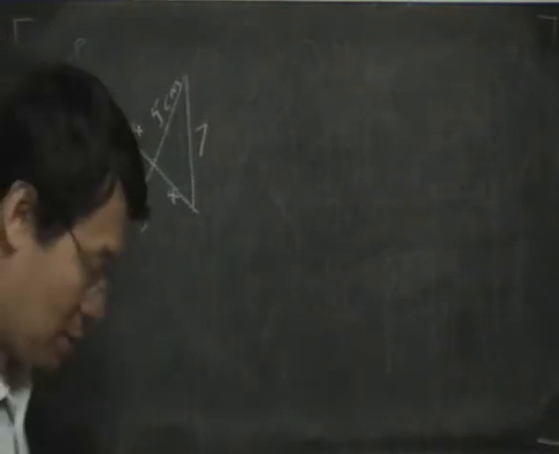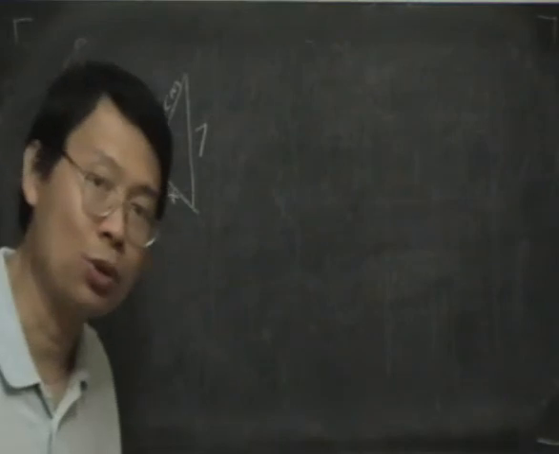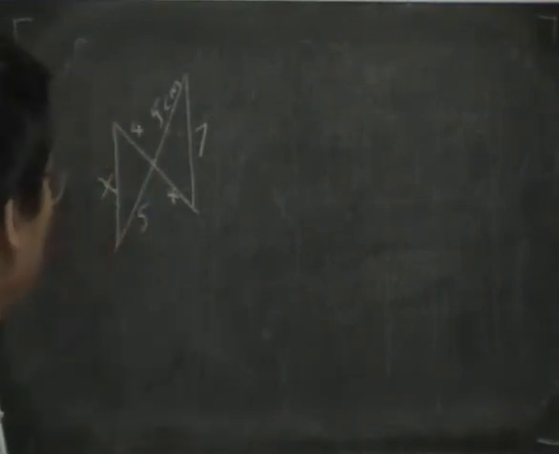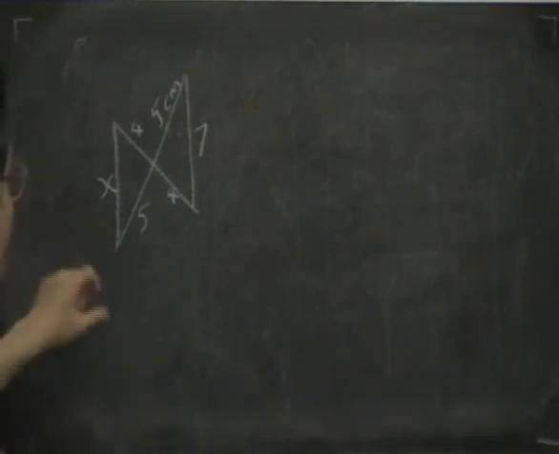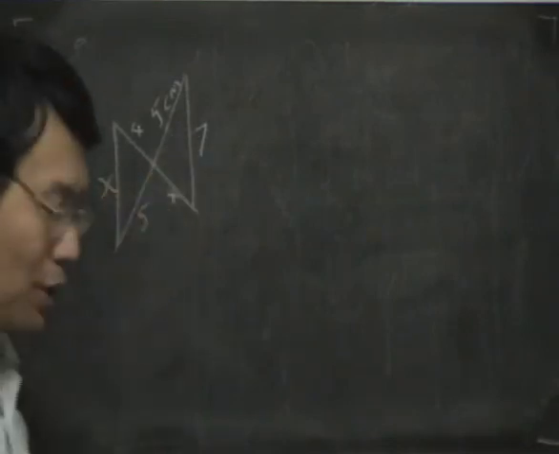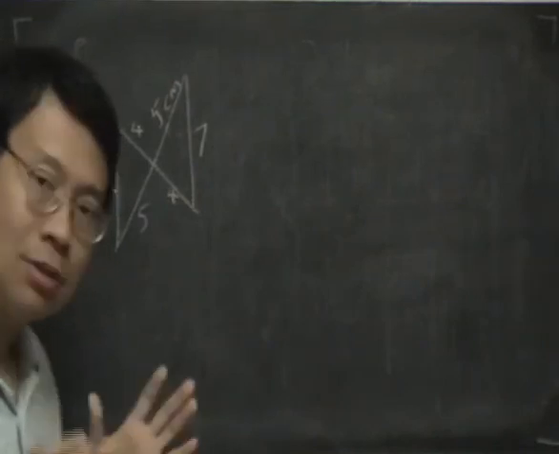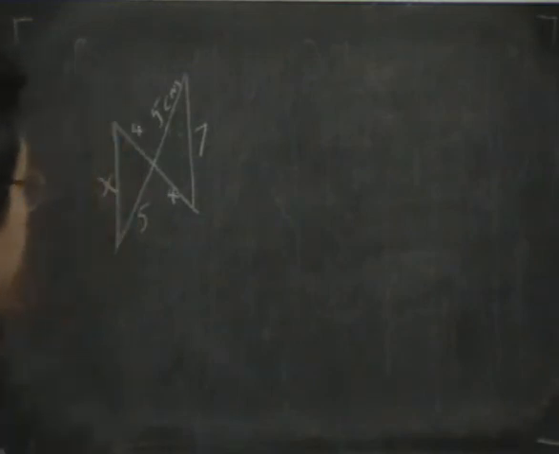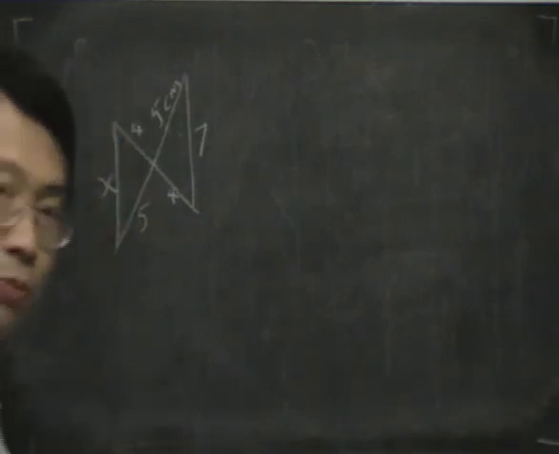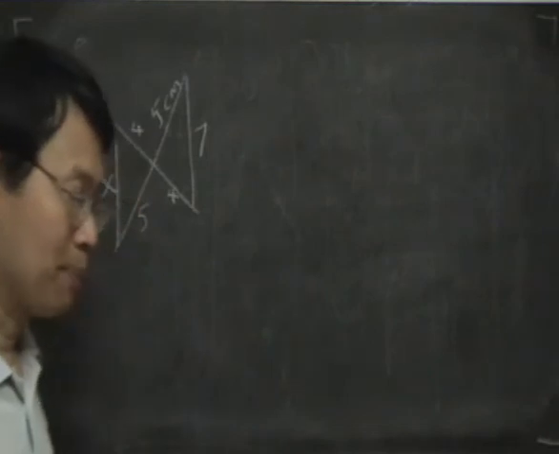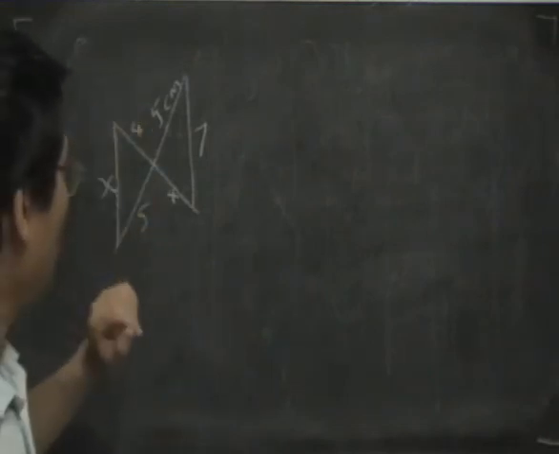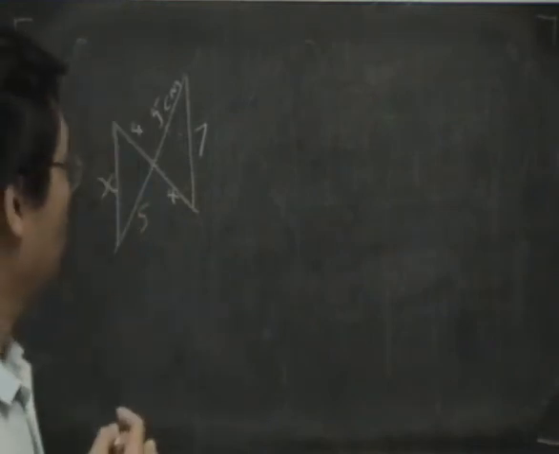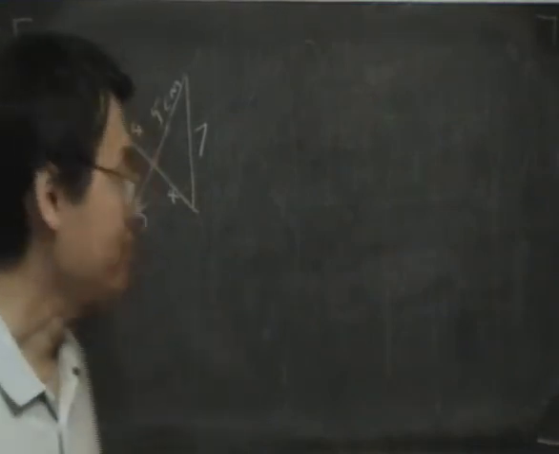Well, since we have been talking about congruent triangles, clearly that's what I'm going to use. So the idea is to look at these two triangles and see if they are congruent. So let's find out how many angles and how many sides are equal.